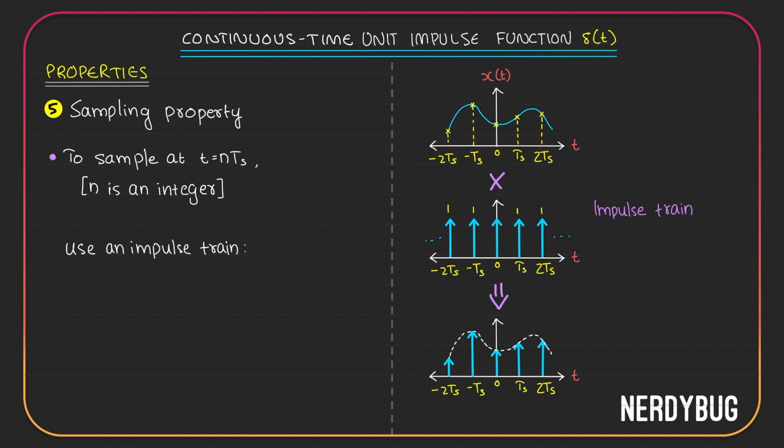All you have to do here is to take an impulse train instead of an impulse. That is, you should have an impulse at 0, 1 at ts, 1 at 2ts, then minus ts, and minus 2ts. Obviously, in the output, you will have values at all these points as shown, and they will all have magnitudes equal to the magnitude of x of t at that particular point.